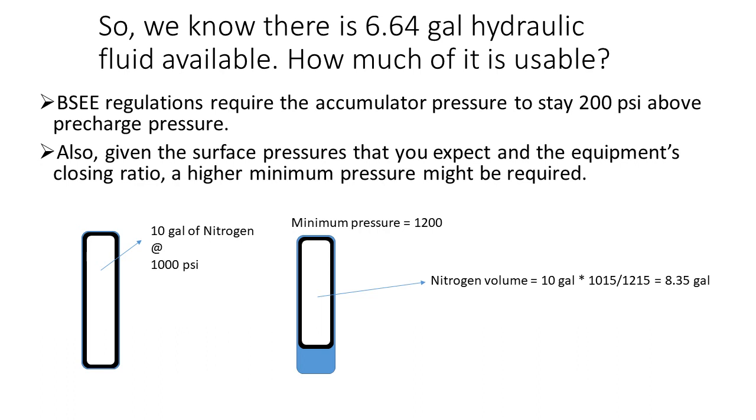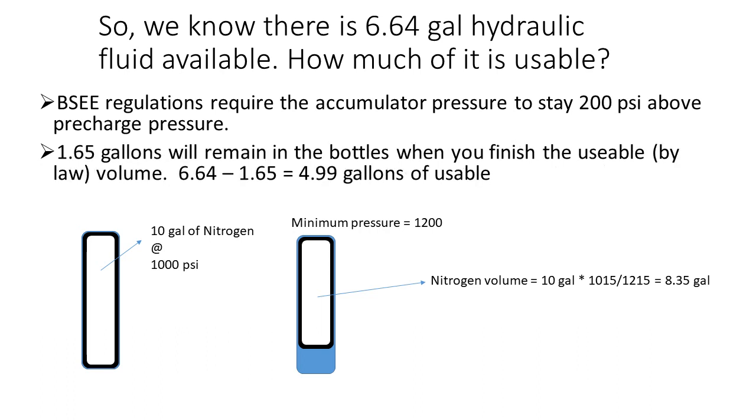So we subtract 10 gallons minus the 8.35 gallons of nitrogen, and we're left with 1.65 gallons of hydraulic fluid. This is 1.65 gallons of hydraulic fluid that by law we're not allowed to plan to use. However, in an emergency situation, if you reach 1,200 psi and you had some kind of an emergency, you would still function the ram. This 200 pounds is really a safety factor. So 6.64 minus 1.65 gives us 4.99 gallons of usable fluid.